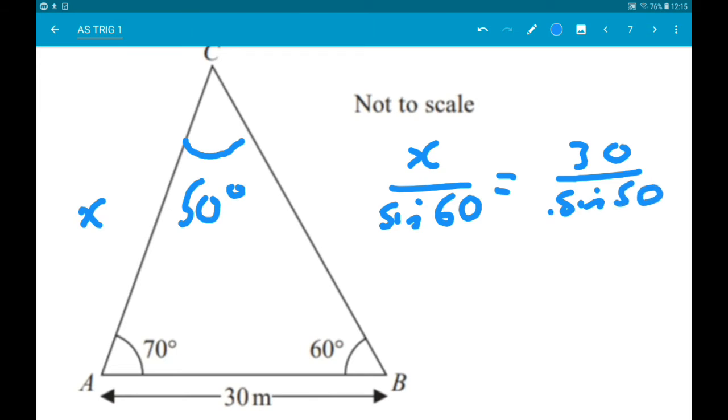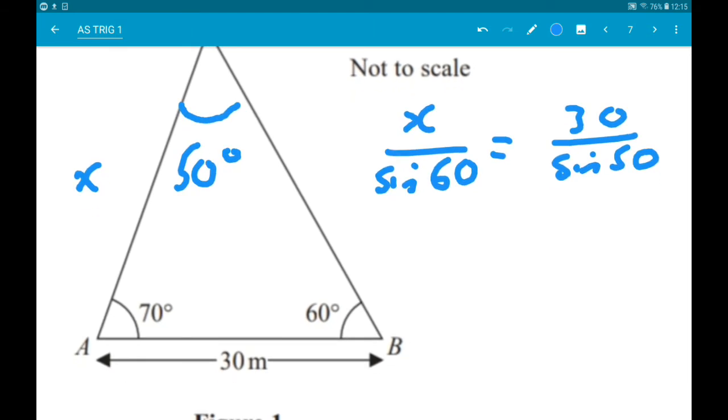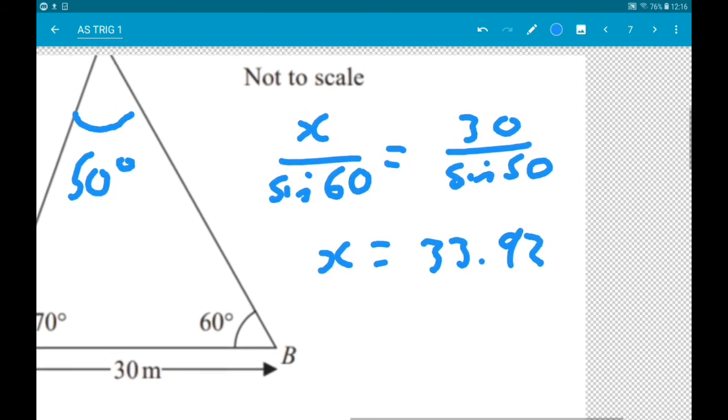Now multiply through by sine 60, and we will get x is 33.92 meters squared.